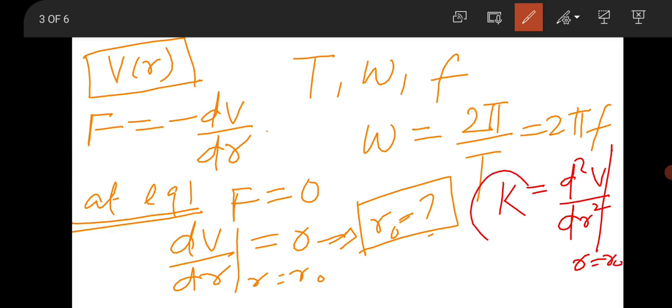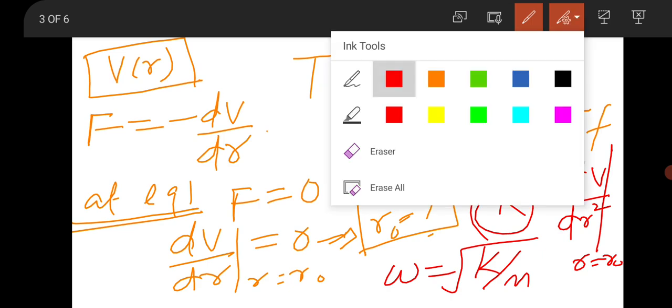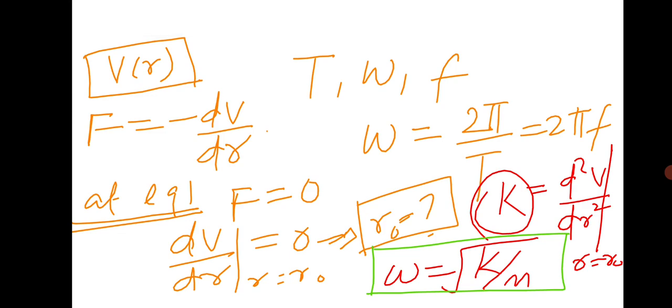With this spring constant, the angular frequency omega is equal to root over k by m. This kind of question is mostly asked for 1 mark in GATE, so please go through it.